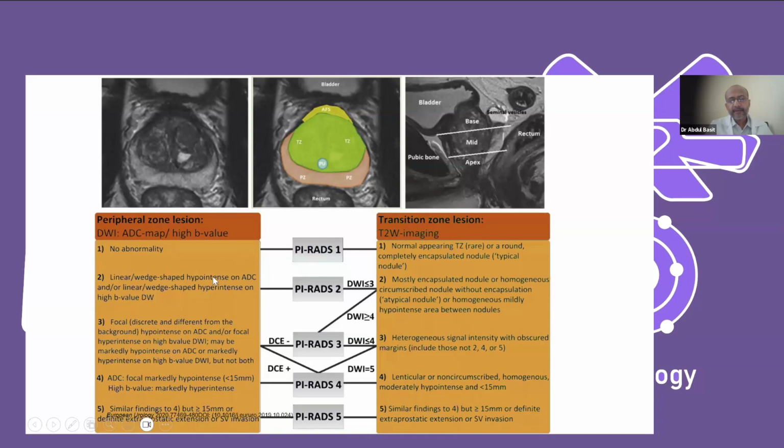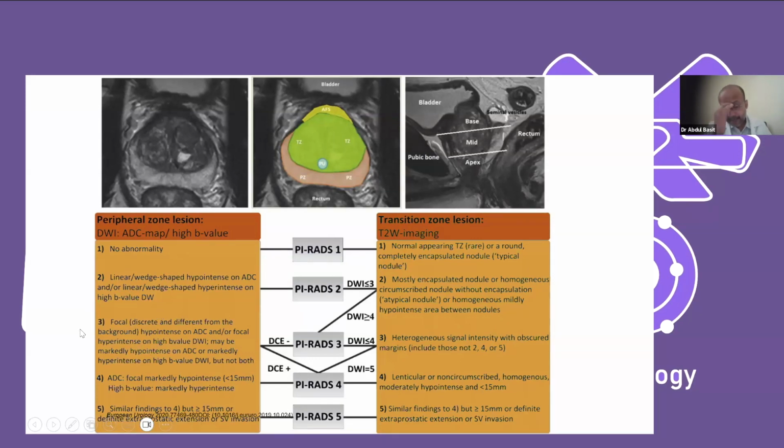Even PI-RADS category 2 is unlikely to have malignancy, while PI-RADS category 3 is an equivocal lesion on routine sequences. Then we follow the contrast enhanced sequences to either downgrade or upgrade the lesion to category 4 or 2.